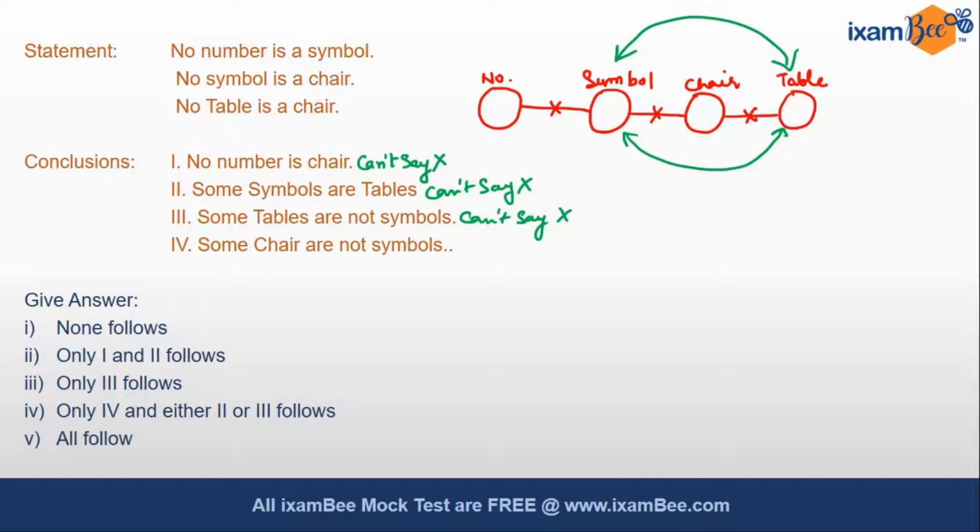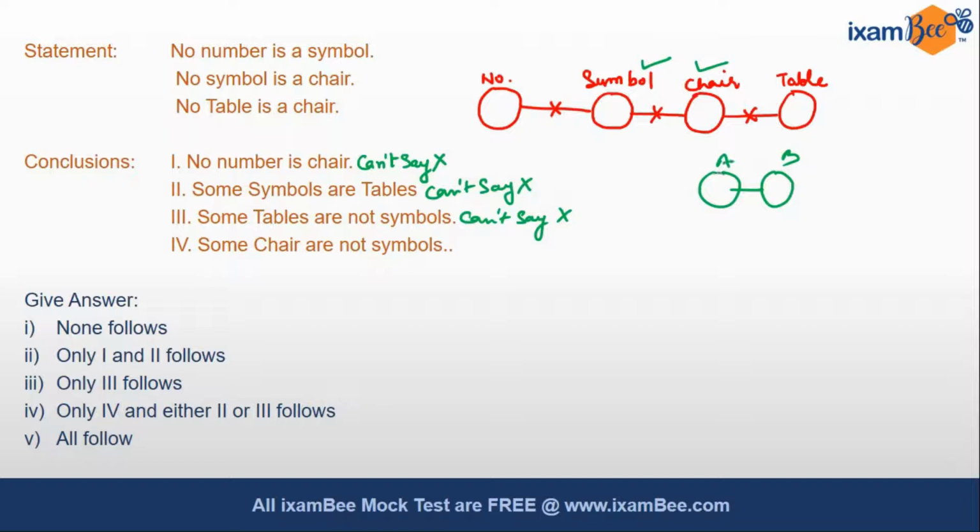The fourth says some chairs are not symbols. So definitely we know the relationship between symbol and chair. Let's try to figure out whether this is true or not. Now see, suppose there is B and there is A, and whole of B is not A. Whenever the whole of B is not A, definitely its part will also not be A. For example, let's say there is a group which is polite, and there is a group called B which has people like Rahul or Kiran or maybe Ramya, and this whole group B is not polite.